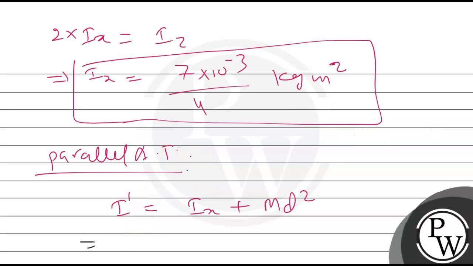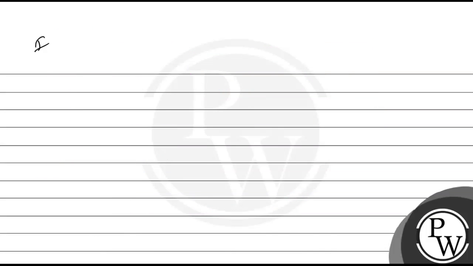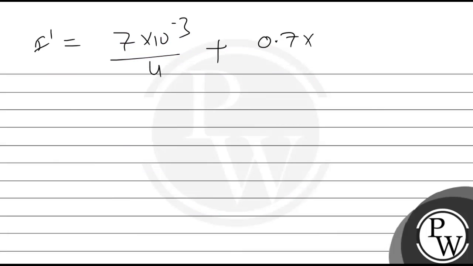So we can write I dash is equal to Ix plus m into r square. From here, I dash can be written as 7 into 10 raised to power minus 3 upon 4 plus the value of m, 0.7, into the value of r, 0.1, whole square.